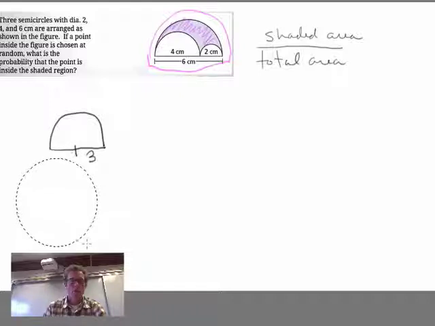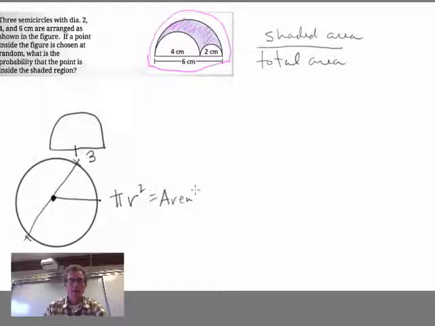Just a quick recap. Here's my diameter from one side to the other, and then here's my radius from here out. And if I want to figure out the area of a circle, I'm going to do pi times radius squared equals area. Okay, so in this case, since we're working with half of a circle, I'm going to do pi times the radius, which is 3, squared, and then divide by 2 for half of a circle.